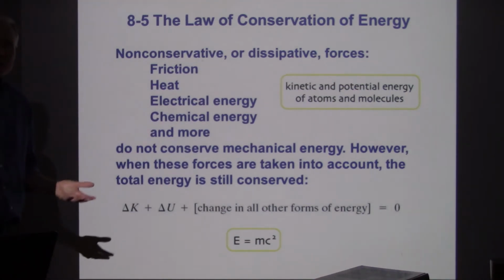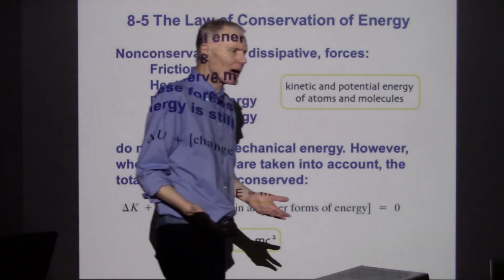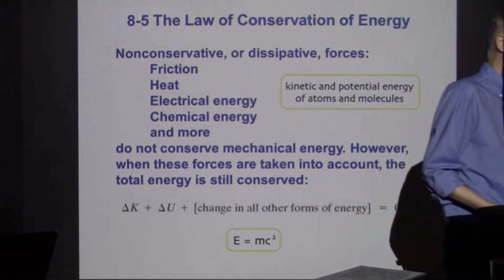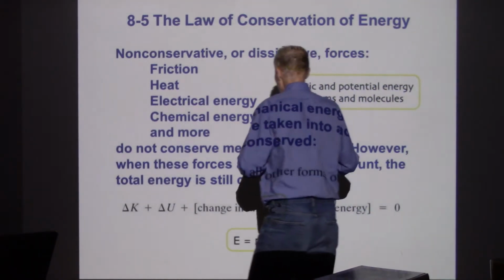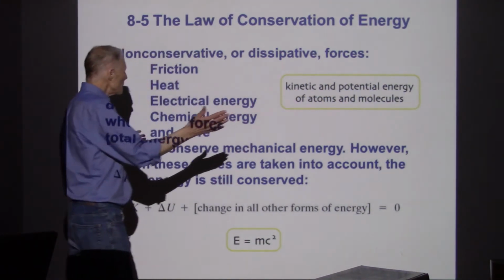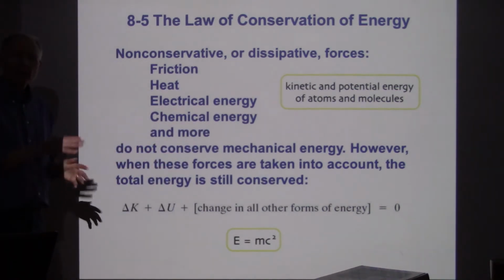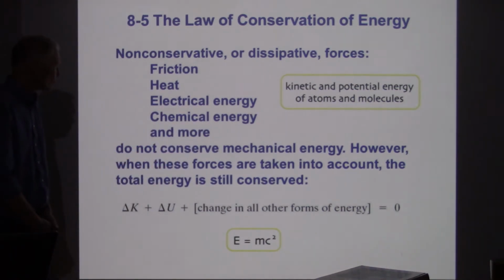Mass isn't really strictly conserved, even in chemical reactions, but in chemical reactions, the mass differences are so small that we can treat chemical reactions as if mass was conserved. So energy conservation becomes a major principle that just works throughout all of physics.